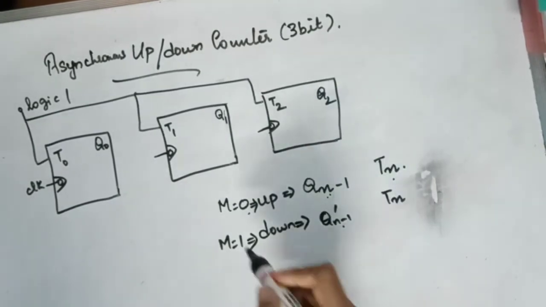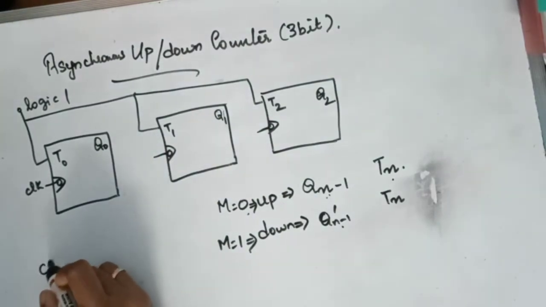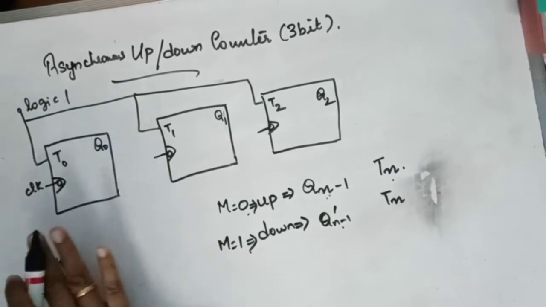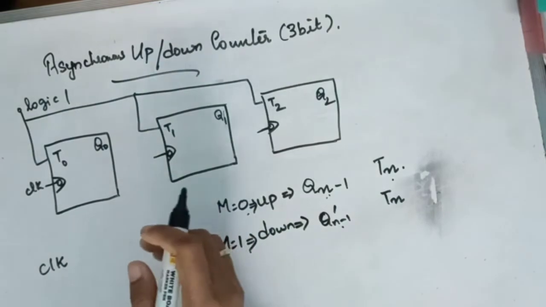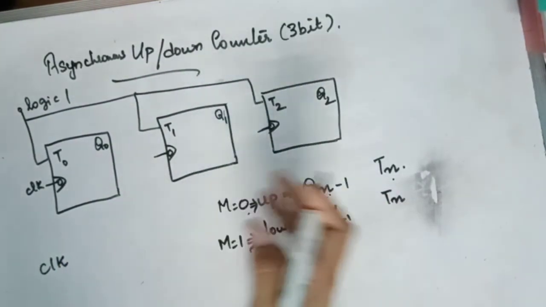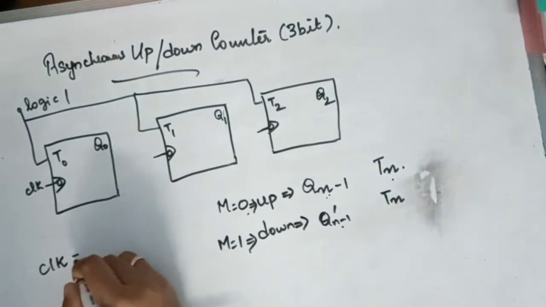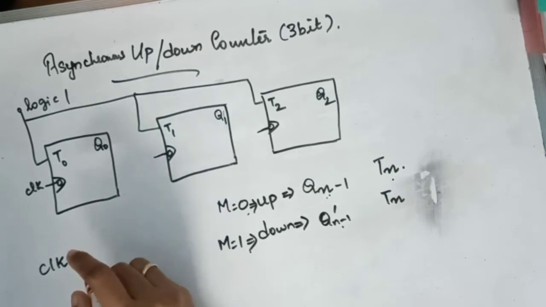Okay, so how can we write this? A particular clock except the LSB flip-flop, the other two clocks, since it's the 3-bit counter. If you have a larger number of bits, then all the flip-flops except this. So the clock of a particular flip-flop is clocked by whom?